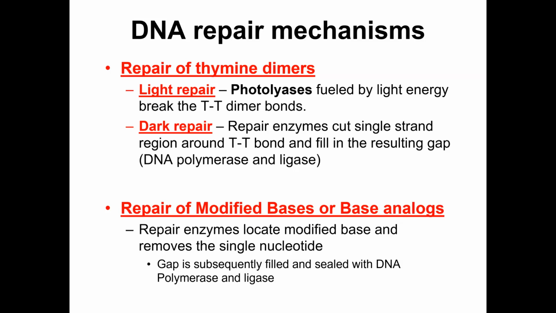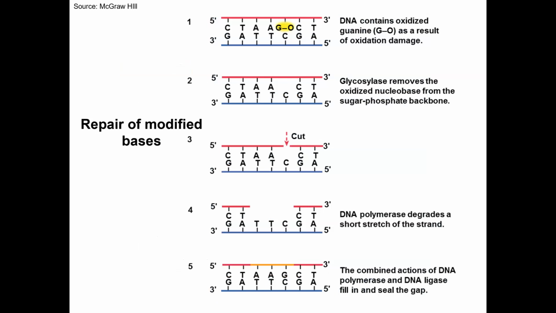Now, what about repairing damage from chemical mutagens, say, nitrous acid exposure or base analogs? You have a repair system just for that. Repairing modified bases or removing base analogs works the same way. A different set of enzymes shows up, glycosylases. They find the incorrect base, the modified base, and they actually will cut out the nitrogenous base.